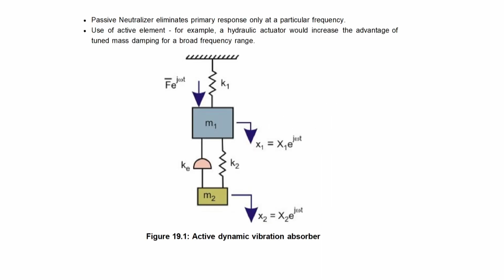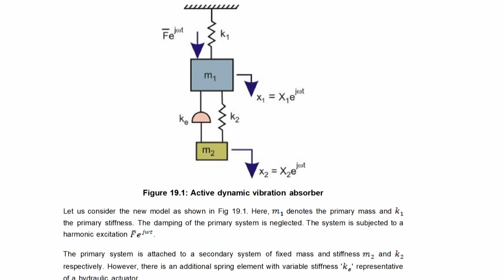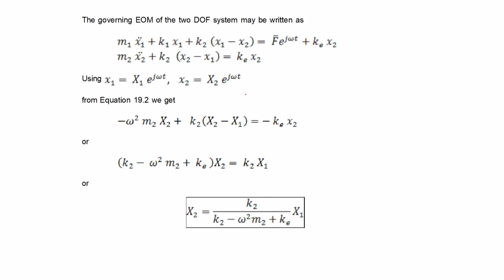There is another way it can work. This is a primary system vibrating, and you add a secondary system to it, which is this kind of electromagnetic actuation system. By controlling this stiffness, one can show that it can tune itself to the excitation frequency omega, such that you can get a zero vibration response x1.